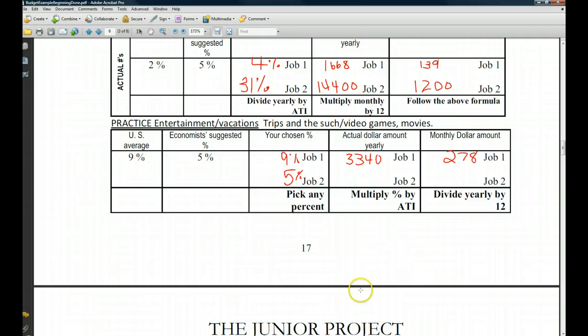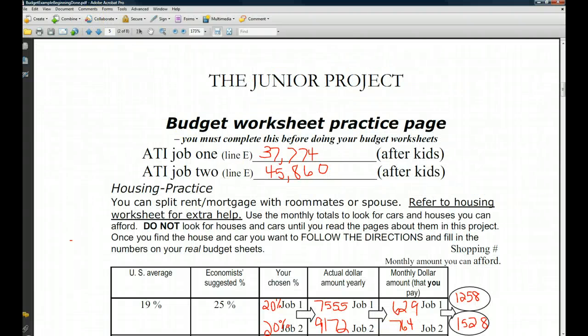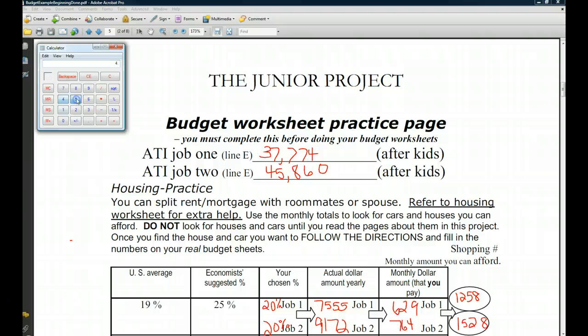Okay, and then for my other job, it's 45,860 times 0.05, 5%.